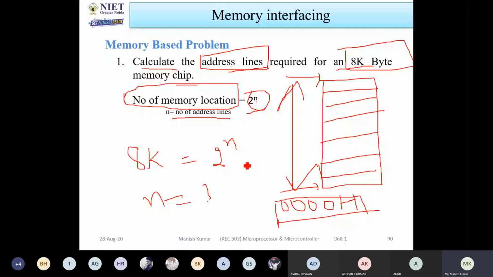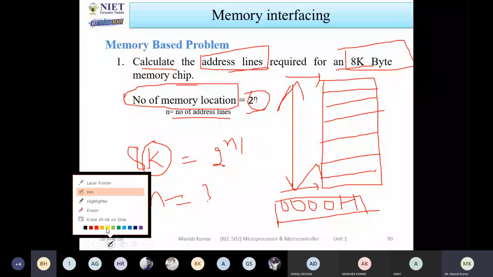Kilobyte, sir. What is k? Kilobyte. So kilo is 2 to the power 10, sir. Sir, 1024.